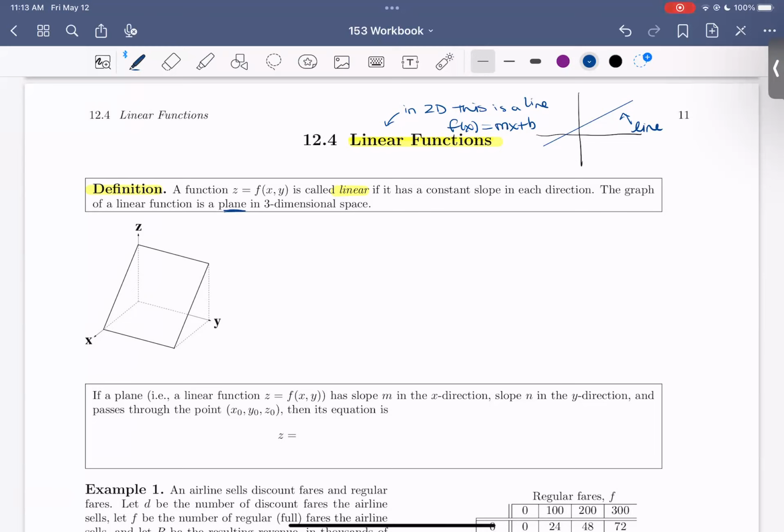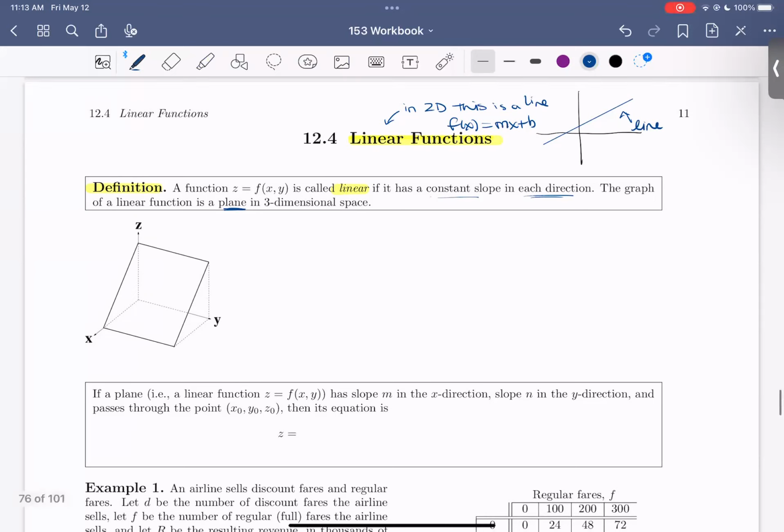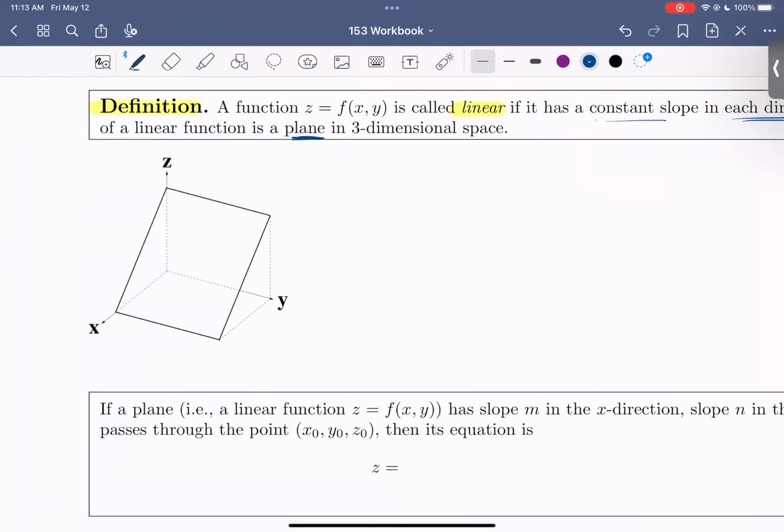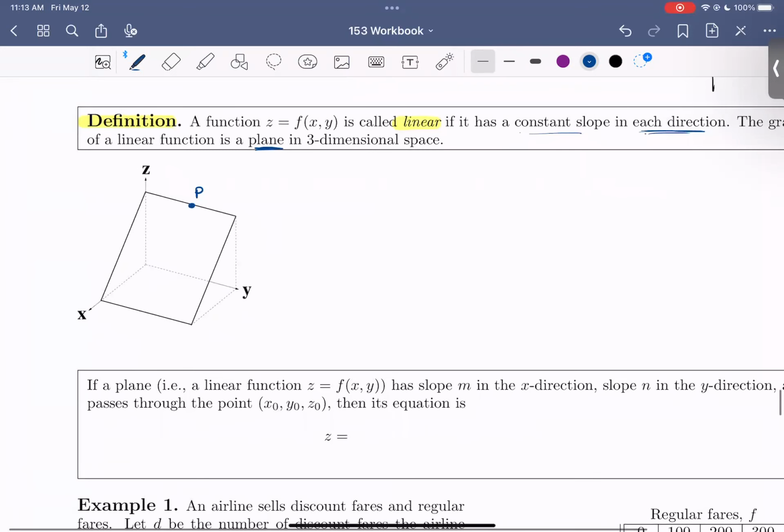So let's make a little bit more sense of what it means to have a constant slope in each direction. I'm just going to look at some points on this plane that were given in this diagram on our page. So let's label a couple of points. I'll look at a point here, P. From P, I can go along my plane in various directions. When we say direction, we mean a straight line, intuitively, on the surface.